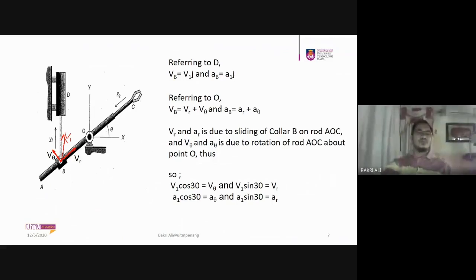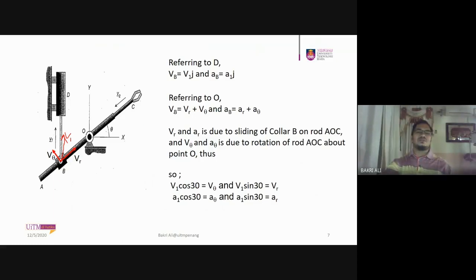But if we refer to point O, this collar will slide relative to point O with the radial velocity, or sometimes we call it the relative velocity, because it is relative to point O. Due to the rotation of bar AO, it will create the tangential velocity V theta, which is perpendicular to VR.